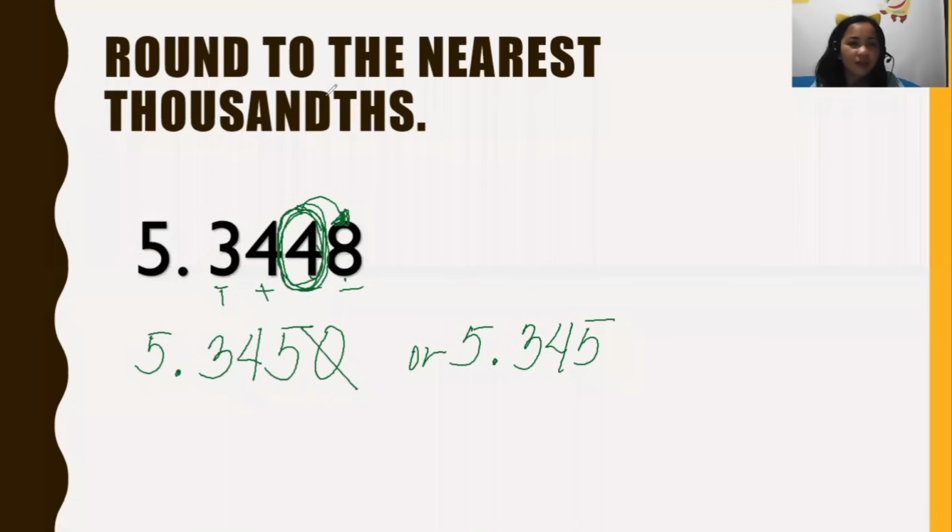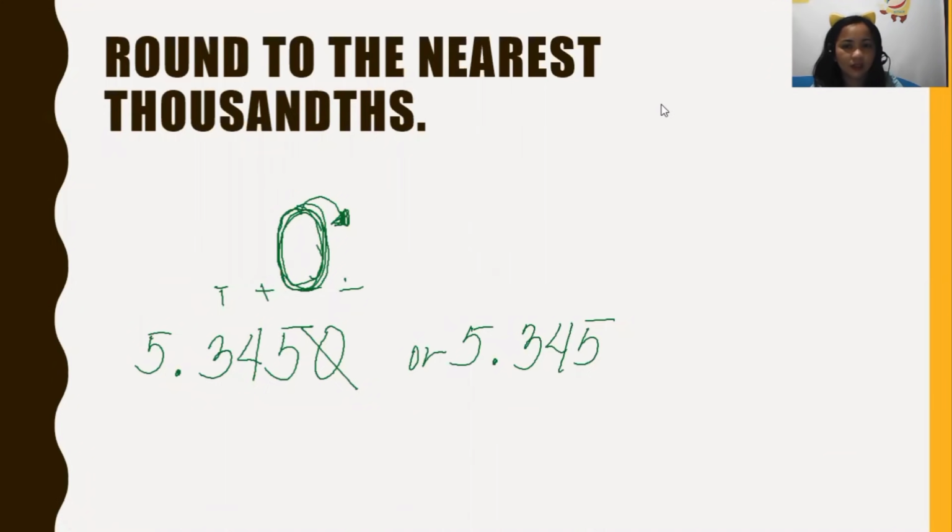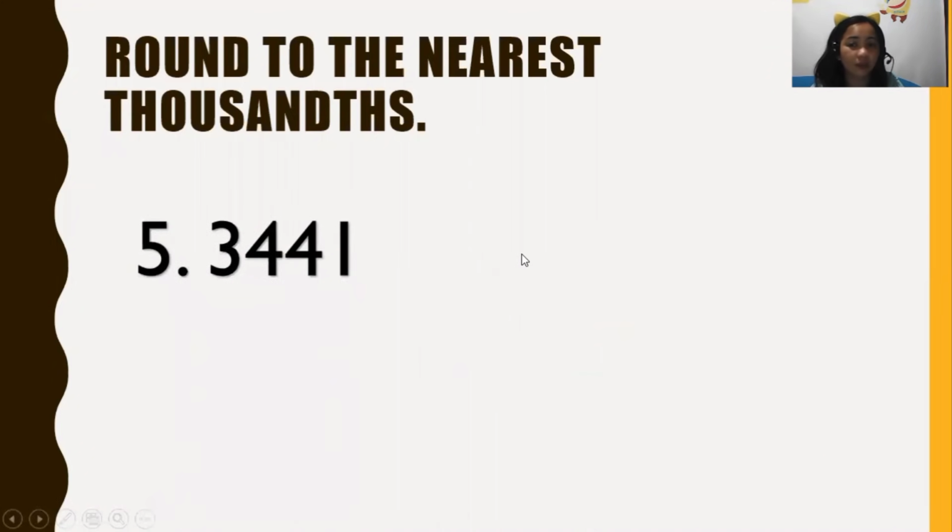Now, let's have the next example. The next example is 5 and 3,441 ten-thousandths. Round to the nearest thousandths pa rin. So, ito ang ira-round mo, 4. And the number to the right is 1.